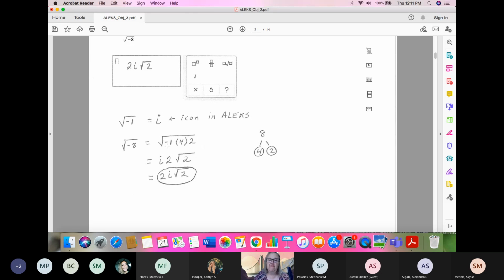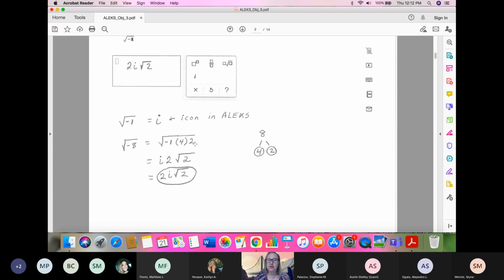So the square root of the first factor here, the square root of -1, is i. So I wrote down an i here. The square root of 4 is 2. So I put a 2 outside. And then the square root of 2, we can't break 2 down anymore. It's a prime number.